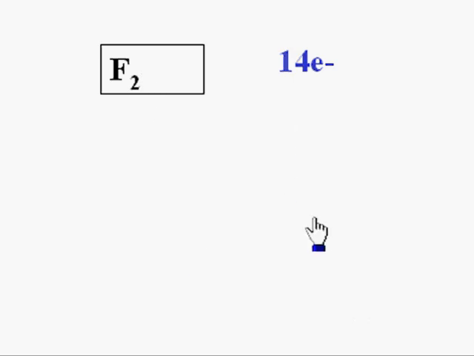Fluorine gas has 14 electrons. Let's bond our atoms. I'm going to use 2 electrons. I have 12 left. Again, they each need to have 8 electrons.